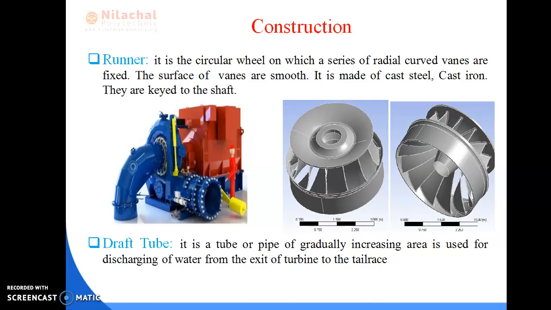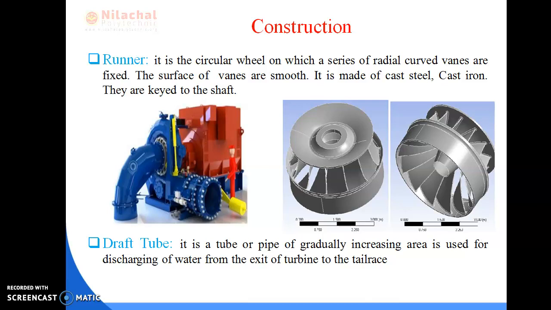The cross section of the draft tube gradually increases towards the outlet. The draft tube connects the runner exit to the tail race water level and helps in discharging water into the tail race level.